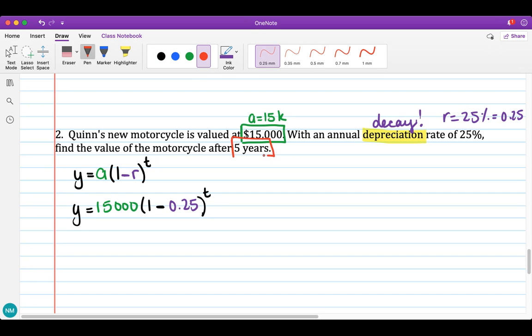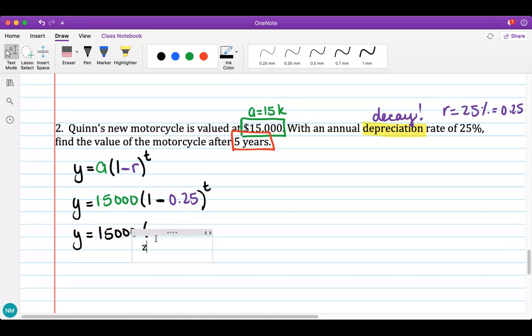Well, t is going to be 5 years. But let me first rewrite this as one statement. So I have 15,000, and then 1 minus 0.25. So $1 minus 25 cents is 75 cents. So I have 0.75 to the t. Now, t is going to be 5 years, so I'm going to just plug that in for t.